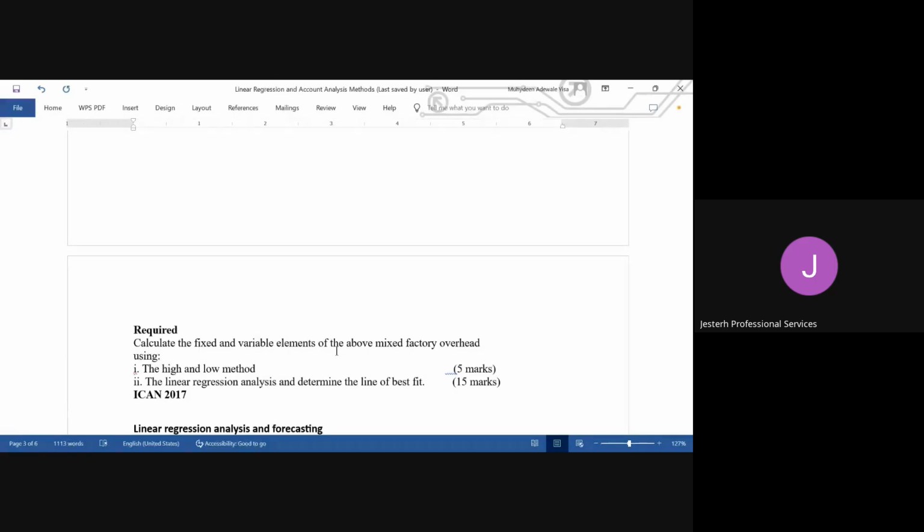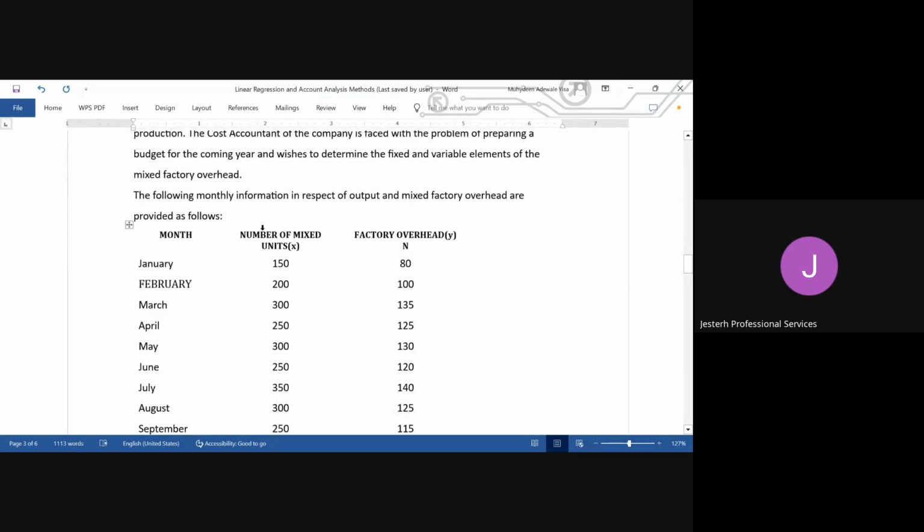Once you see that it is straightforward and something you can answer, just go straight to the question and answer it without delaying yourself.